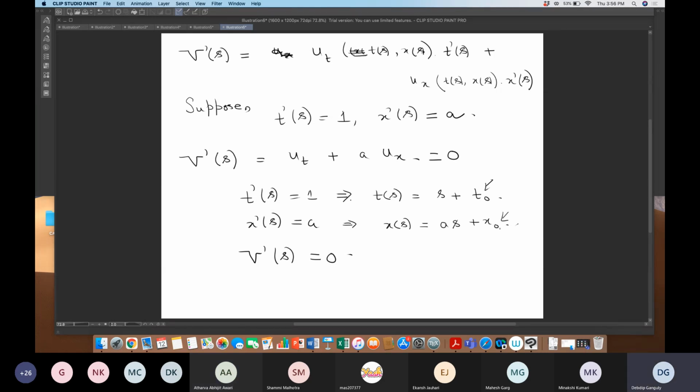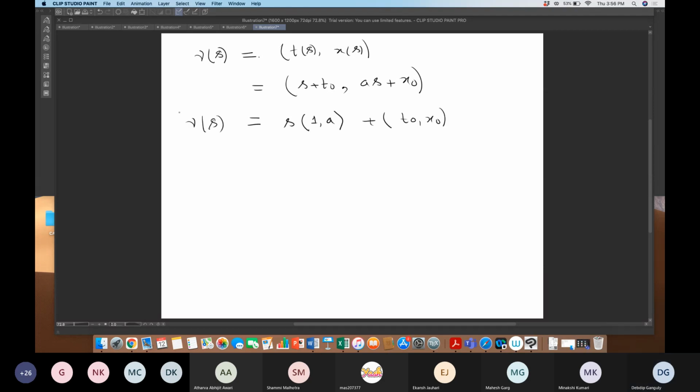Now we have this. You tell me, what is the curve? So your gamma S is (T(S), X(S)). If this was 1, your gamma is S plus T naught, comma AS plus X naught. If I write properly, this is S times (1, A) plus (T naught, X naught).